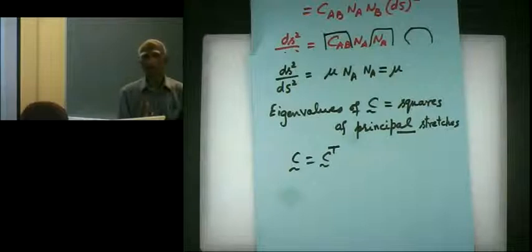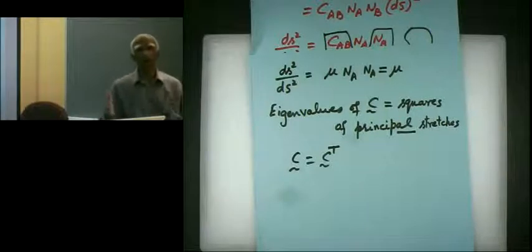If there were a 0 eigenvalue of C, what will that mean? That one of your principal stretches is 0? So what does that physically mean? What will happen to little ds? 0. So that means you have shrunk a line element to 0 length. We cannot do that in continuum mechanics.